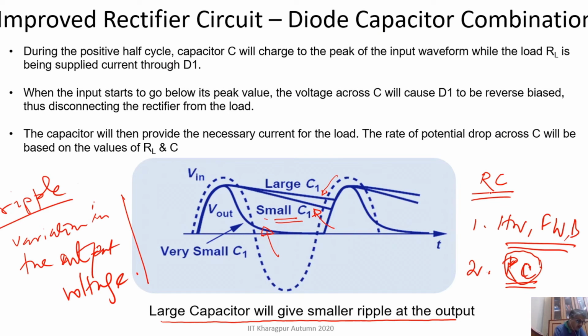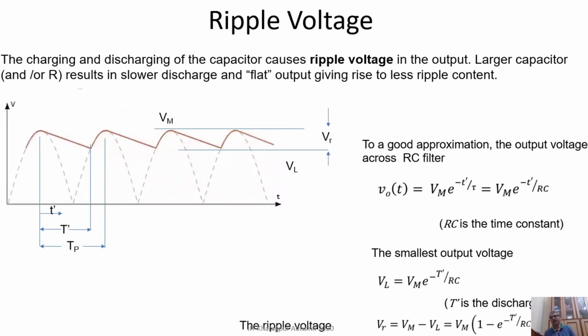In other words, the output is varying, the output is not flat, and that variation in the output voltage is known as ripple. We can find an expression for the ripple voltage. The charging and discharging of the capacitor causes ripple voltage in the output.